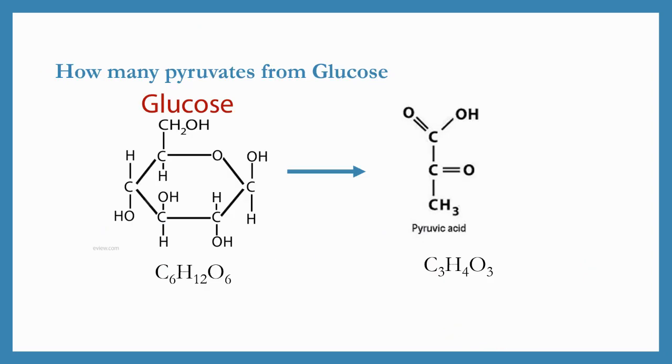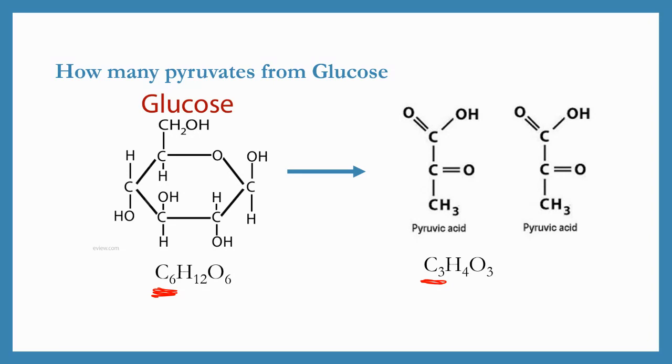All right. So this is sort of helpful when I was taking nutrition. They would ask you to memorize how many pyruvates, or pyruvic acids, you get from glucose. And because I was a chemist, I knew that since there are 6 carbons here and 3 carbons here, you get twice as many pyruvic acids as you have for every glucose.